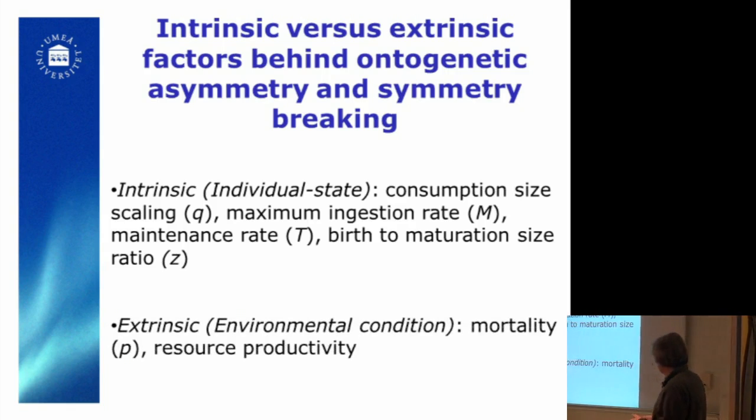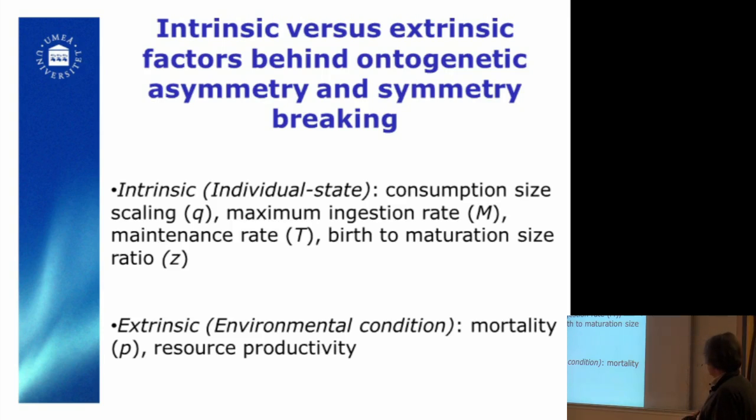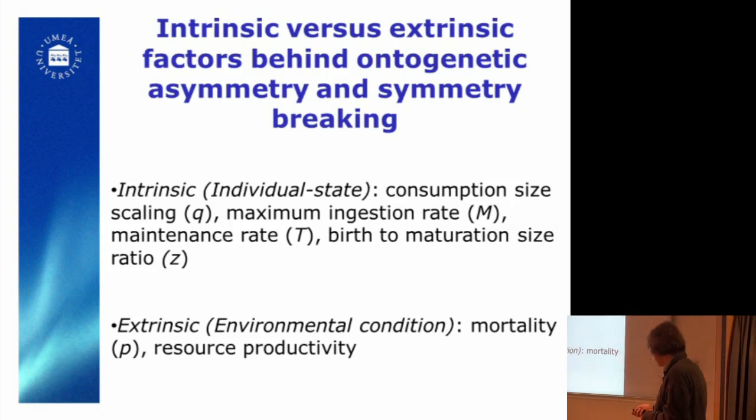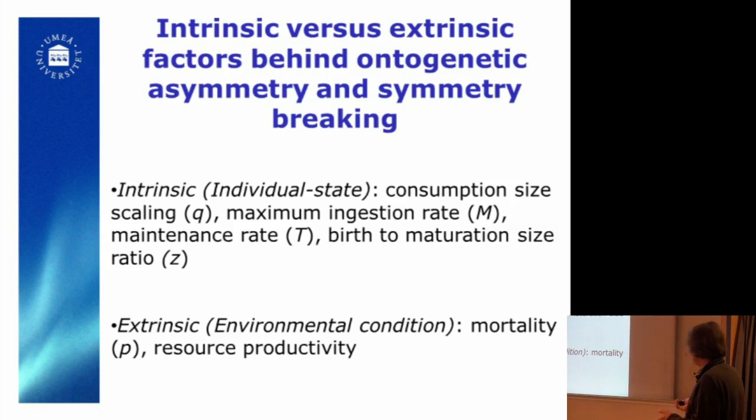But we can then also have extrinsic asymmetry, imposed by extrinsic factors, which in our terminology relate to the environmental condition. I used this example with the resource productivity, where you increase the resource for juveniles, that led to ontogenetic asymmetry. You can of course also do it with mortality. In all the examples here we have kept the mortalities stage independent.